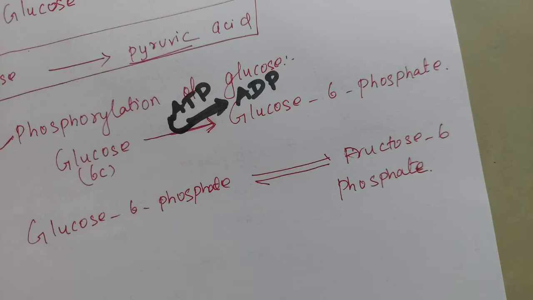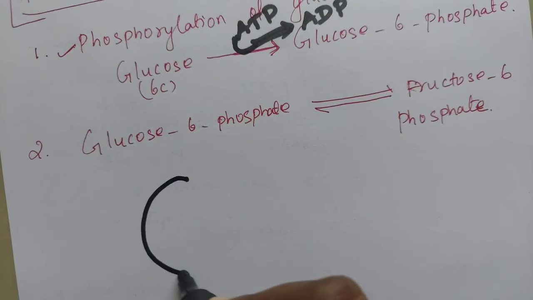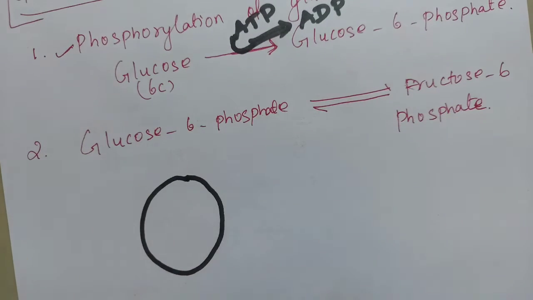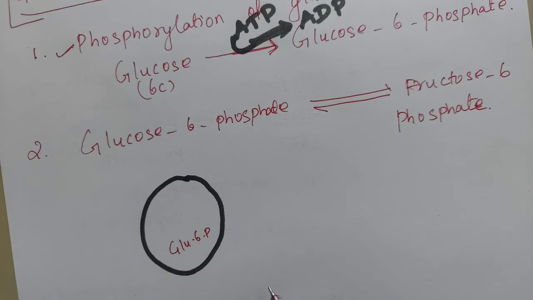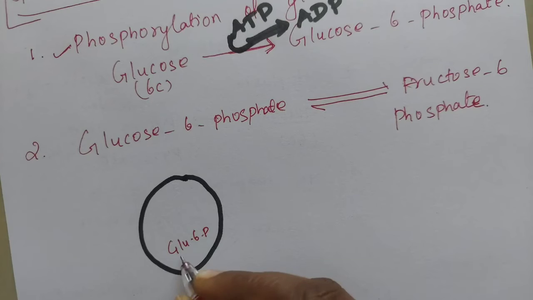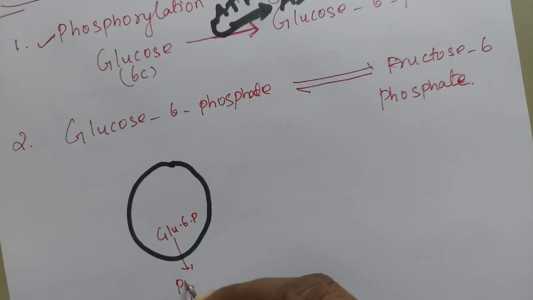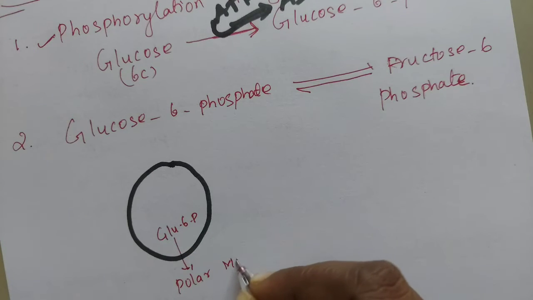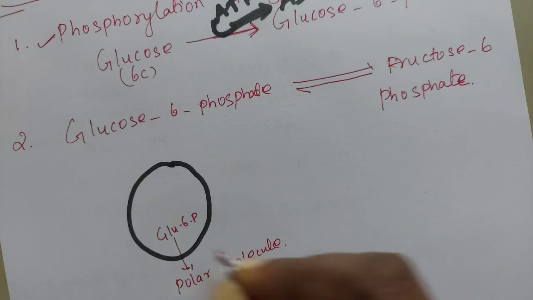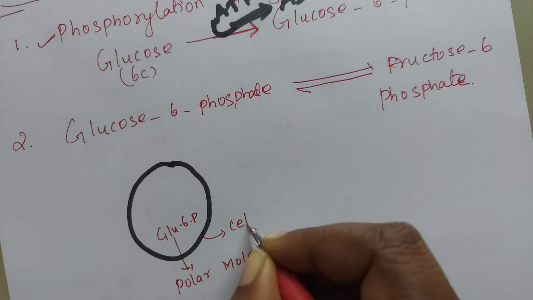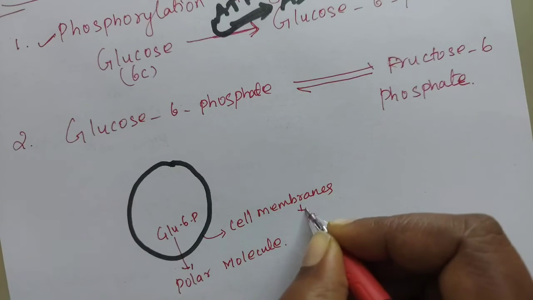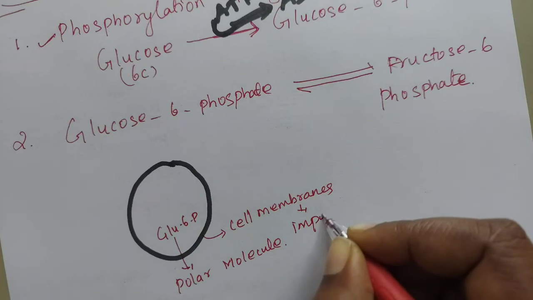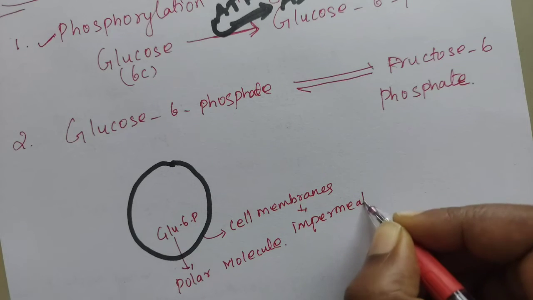Why does the conversion of glucose 6-phosphate to fructose 6-phosphate occur? Remember, this is the cell. Glucose 6-phosphate is inside the cell cytoplasm. Glucose 6-phosphate is a polar molecule, and the cell membranes are impermeable to glucose 6-phosphate.